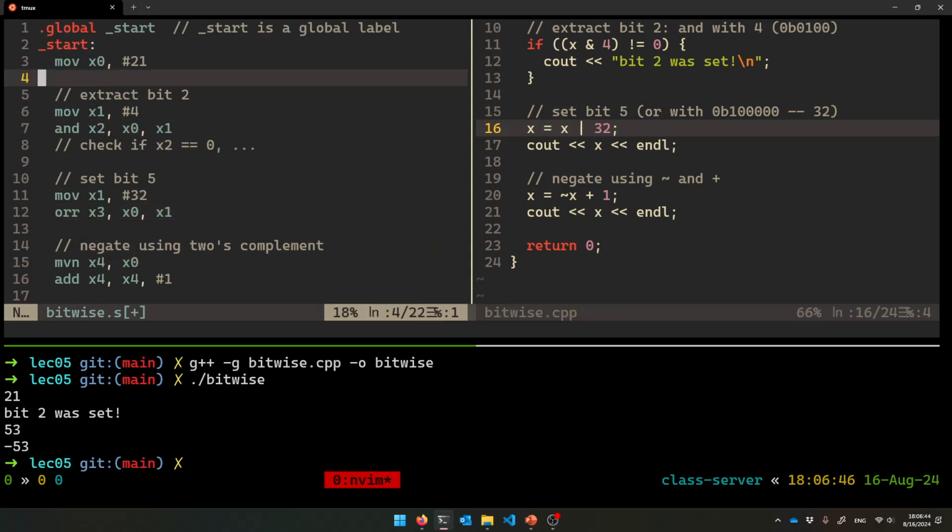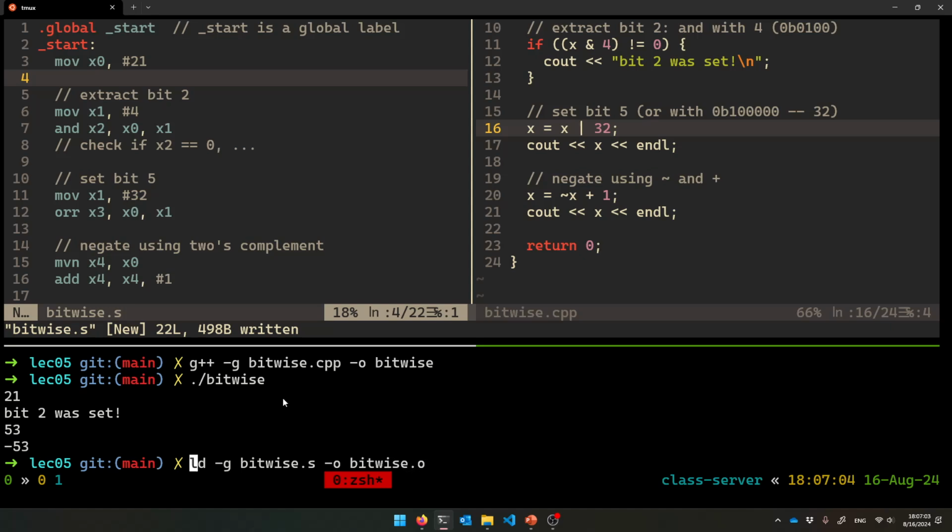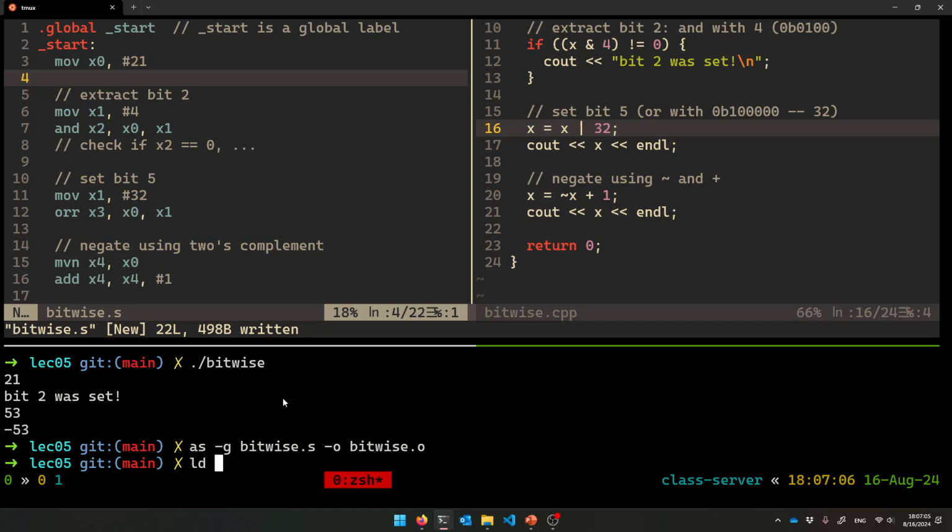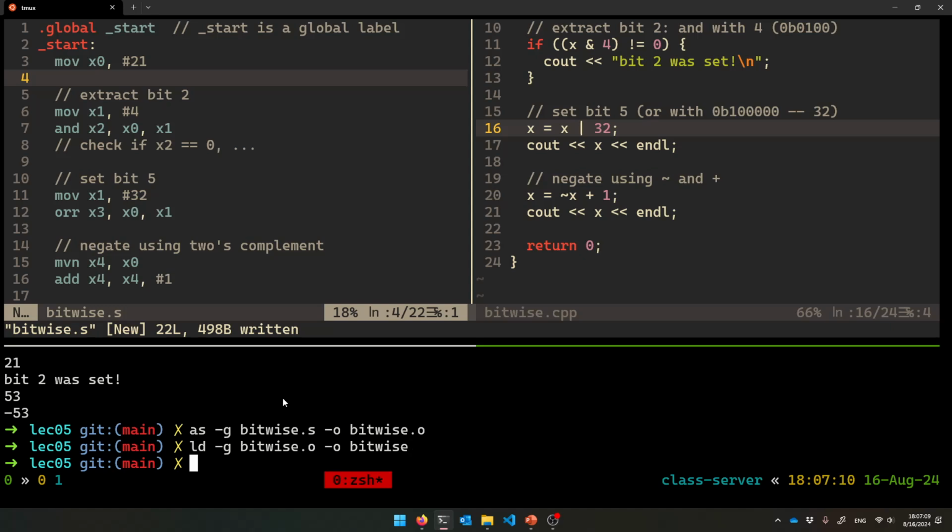So those are the ideas. Those are bitwise operations now in assembly. Those exist. So let me show that to you with GDB. I'll assemble bitwise.s into bitwise.o, or sorry, I need AS first, excuse me. Then ld -g bitwise.o into bitwise, overwriting the old one.